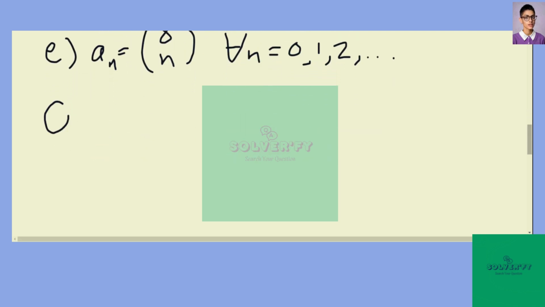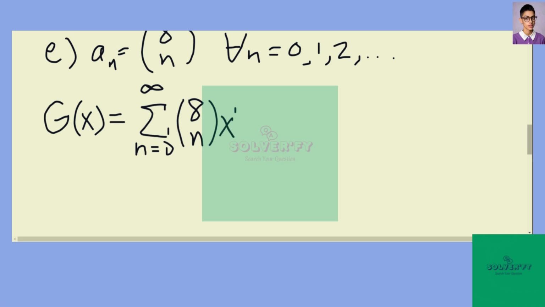The generating function for this sequence is, by definition, the sum from n equals 0 to infinity of 8 choose n x to the n, and we have that by the generalized binomial theorem, extended binomial theorem, it follows that this is equal to 1 plus x to the 8th.